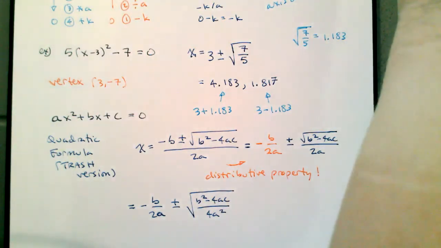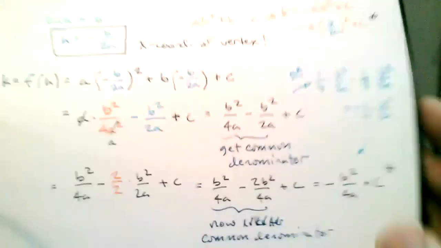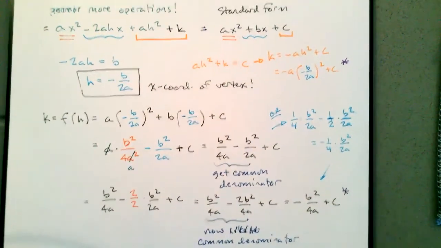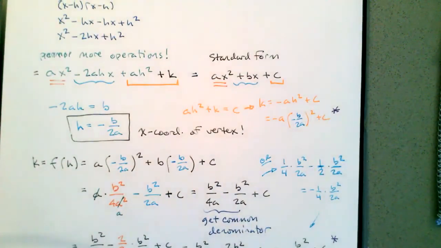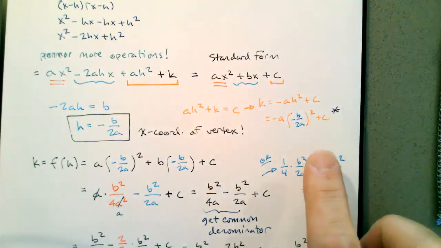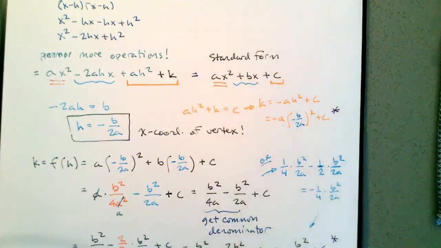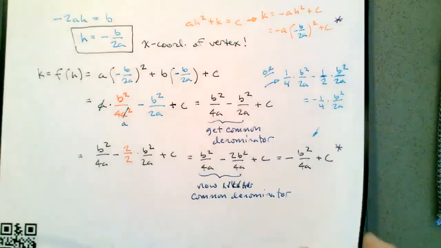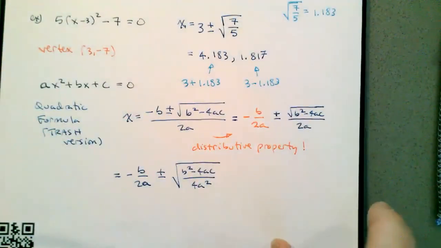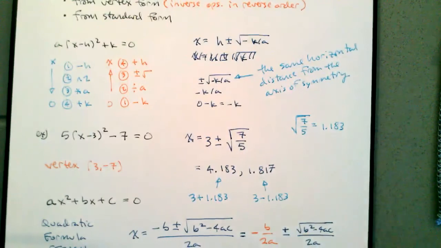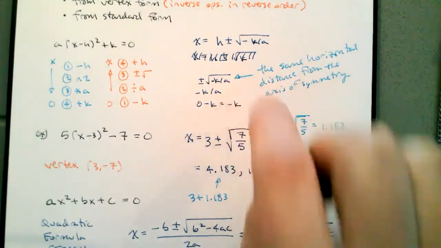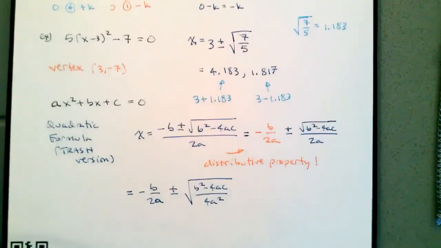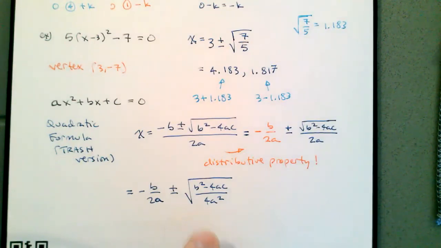Now, if we continue to think in terms of algebra, and we go back to what k is equal to, k is equal to minus b squared over 4a plus c. And our same horizontal distance should be plus or minus the square root of minus k over a.